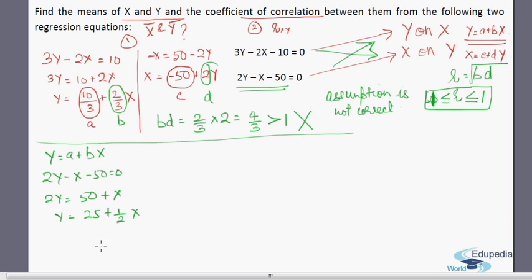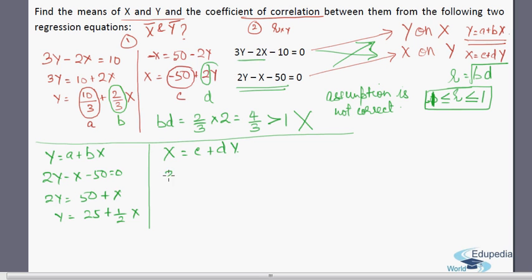Okay, so y equals 25 plus 1 by 2x. And then similarly in the second equation, let's take the second equation, which is to be assumed as x equals c plus dy, and that is this one.